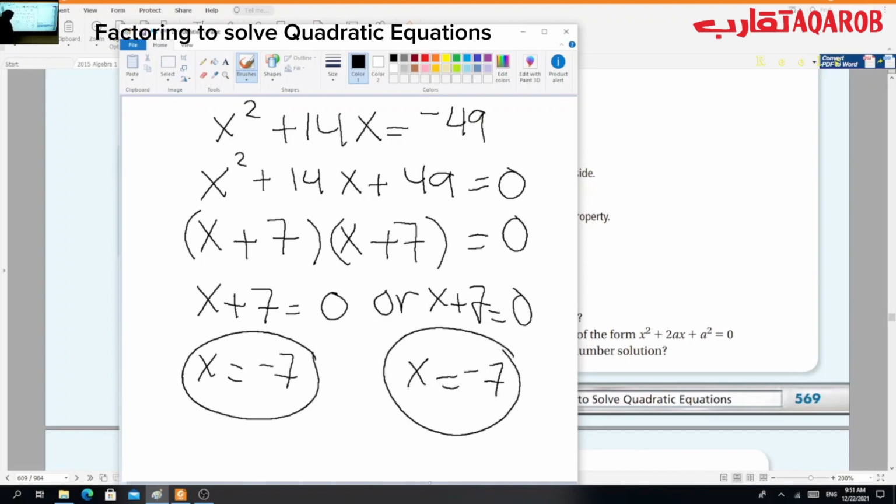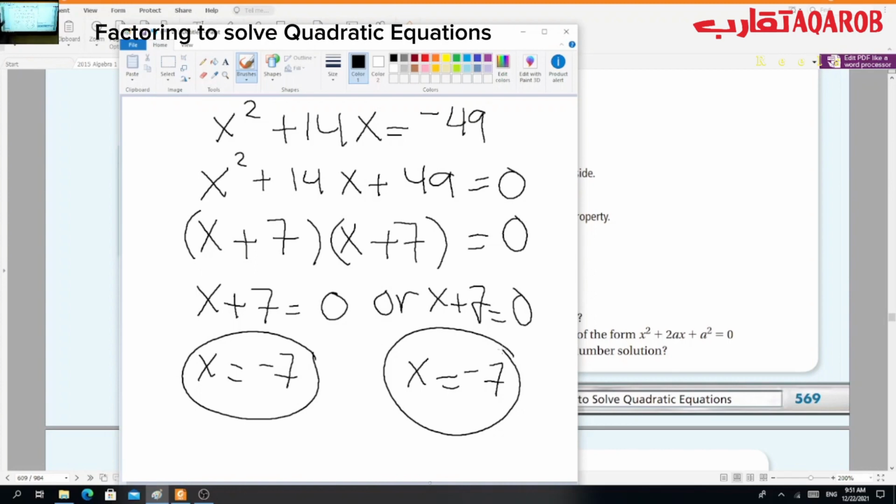How many solutions do I have? Actually, this is one solution. Imagine one solution. It must be the vertex, right? It must be the x coordinate for the vertex. It means that it touches the x-axis in only one point. The x coordinate for it is negative 7.